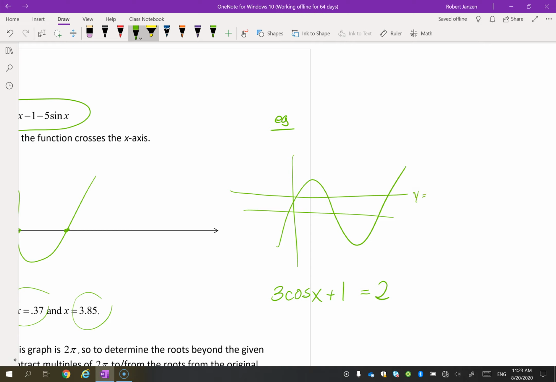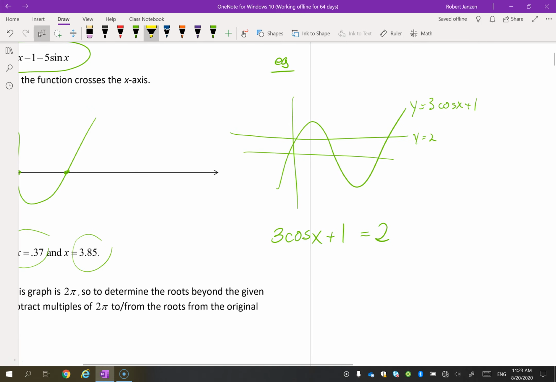So this is the line y equals 2, and this is the curve y equals 3 cos x plus 1. It gives you the graph, you never have to supply the graph, and it says, using that graph, what are the solutions? All you need to do is tell me what these points are.